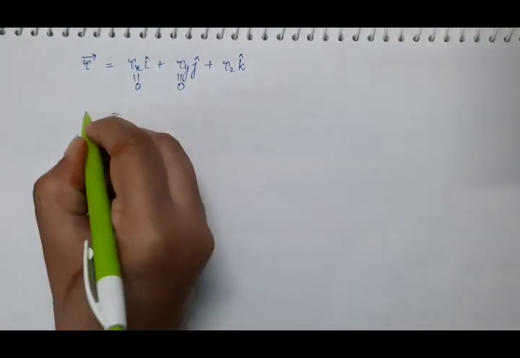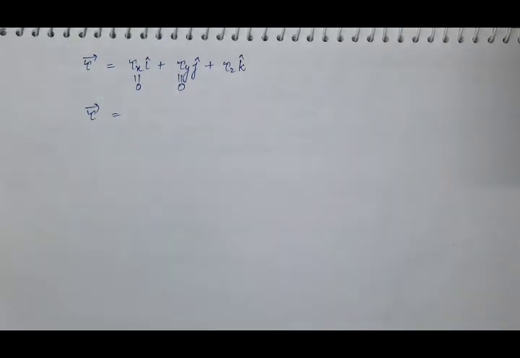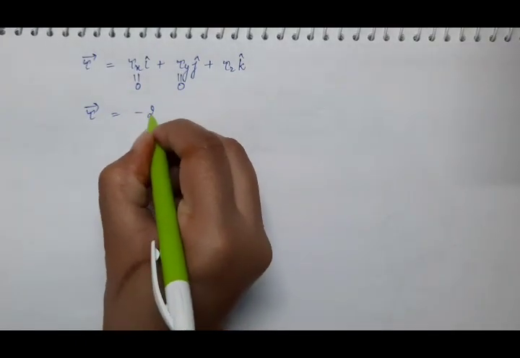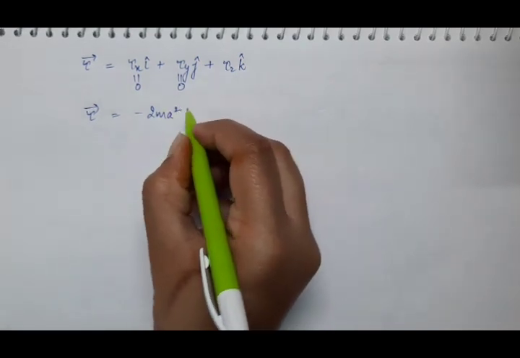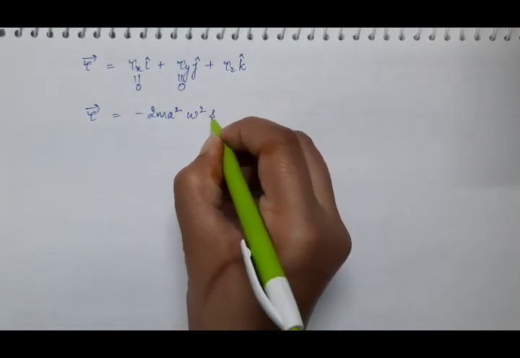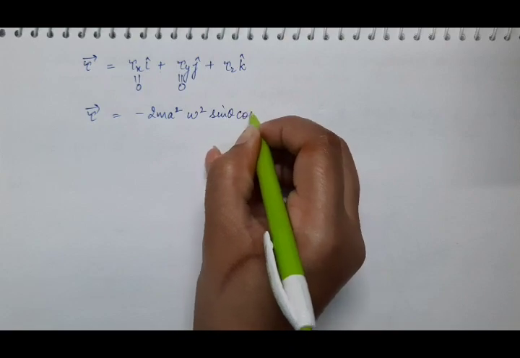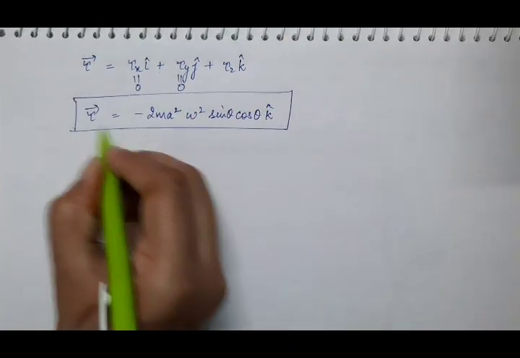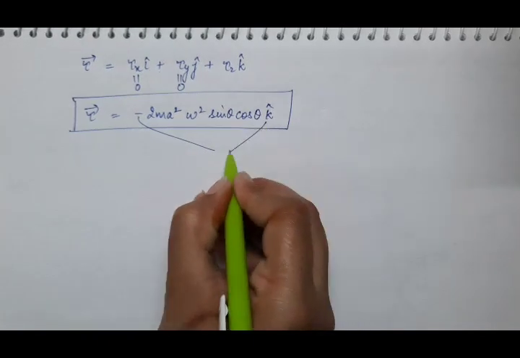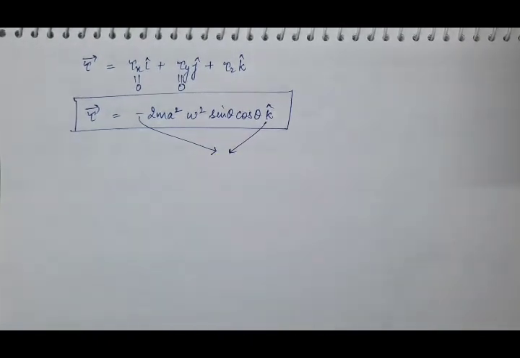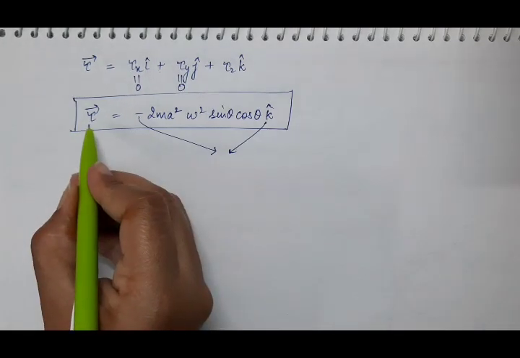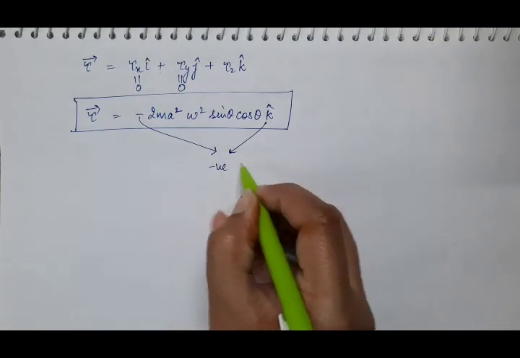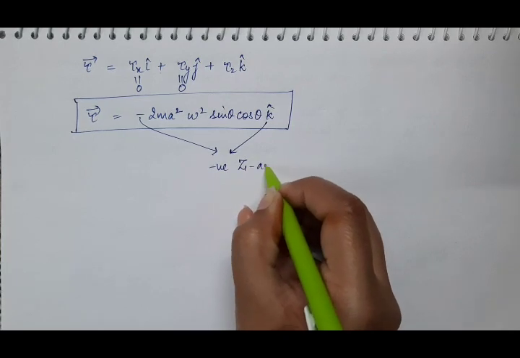So the value of the tau vector, which is the torque required to maintain the motion of the rigid body, is minus 2ma square, putting the value of tau z, omega square sine theta cos theta into k cap. And this minus k cap tells us that the direction of this torque is along the negative z-axis.